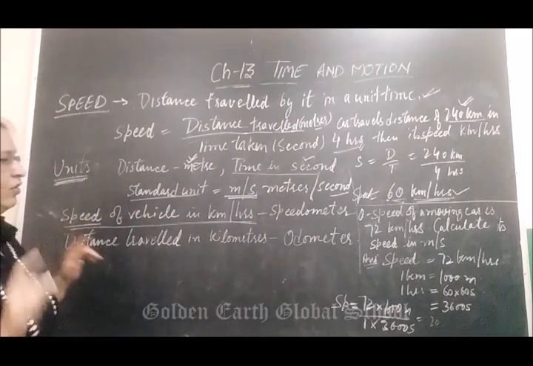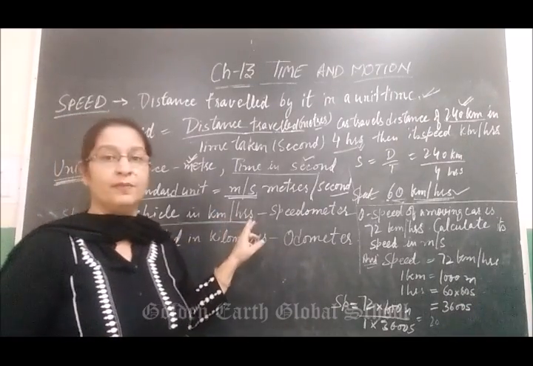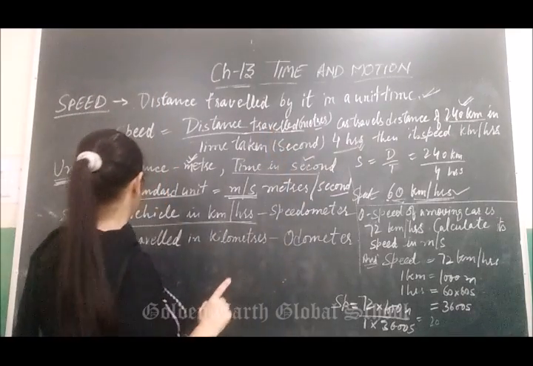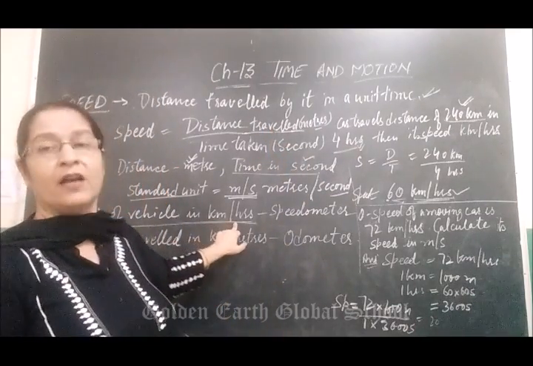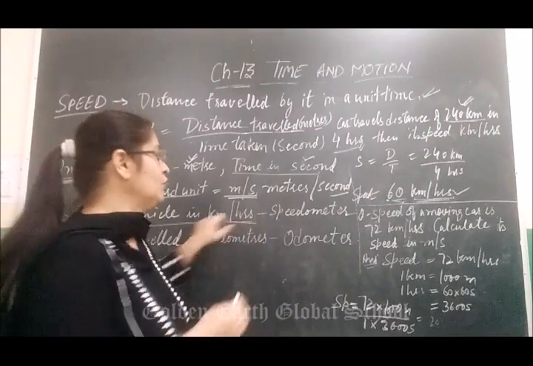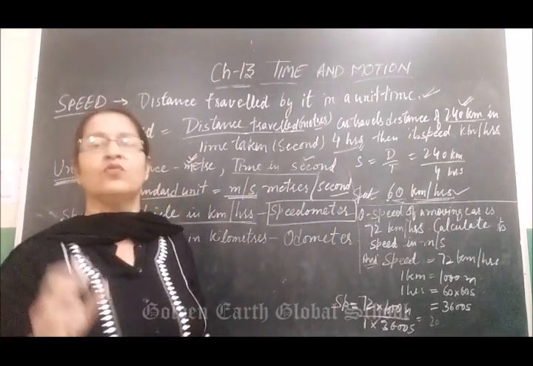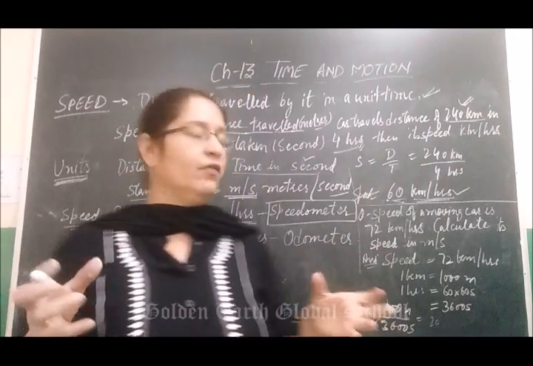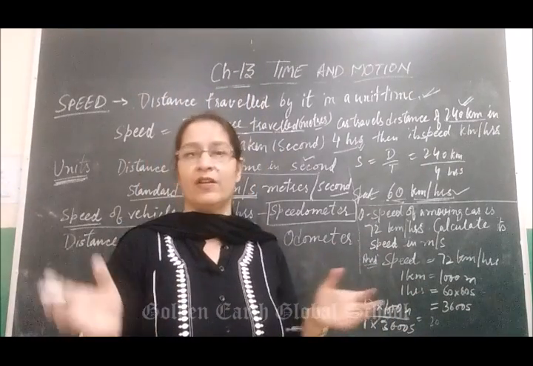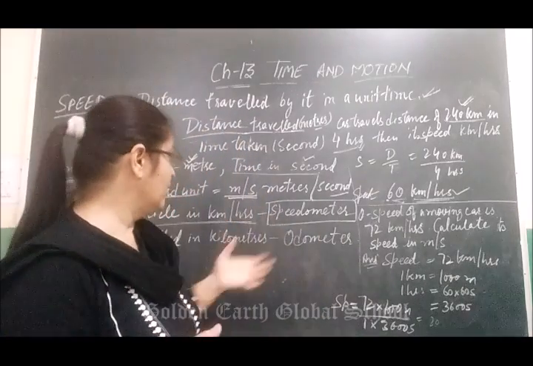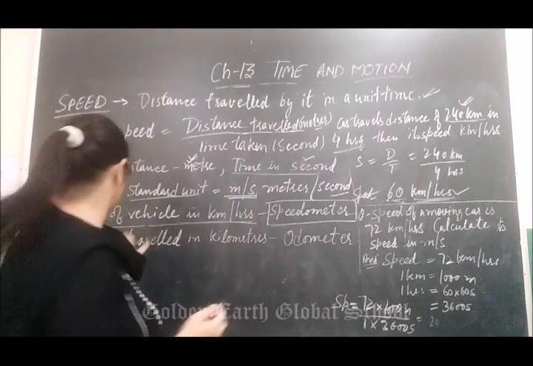Next is speed of a vehicle in kilometers per hour. When the vehicle covers a longer distance, we can write kilometers per hour. Shorter distances are covered in meters per second. The speed of a vehicle in kilometers per hour is measured with the help of a speedometer. All of you know where the speedometer is fixed. It is fixed on the handle of the vehicle, or in a car it is near the steering, where we can note the speed of the vehicle.